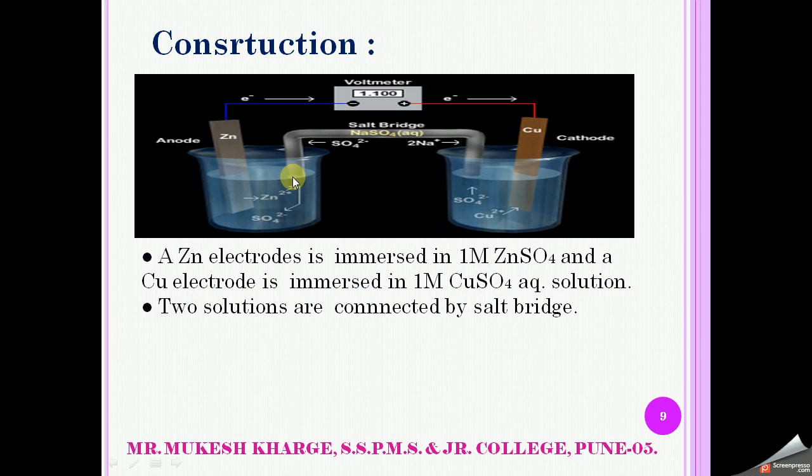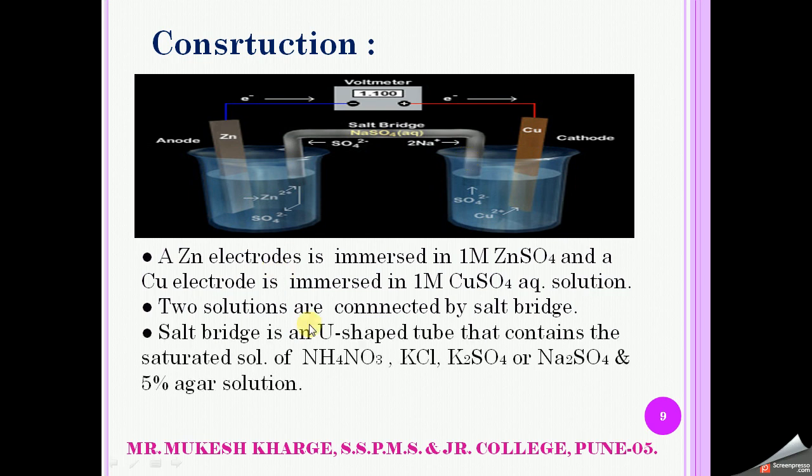Then these two solutions are connected by a salt bridge. So what is a salt bridge? A salt bridge is a U-shaped tube that contains a saturated solution of NH4NO3 ammonium nitrate, KCl potassium chloride, K2SO4 potassium sulfate, or Na2SO4 sodium sulfate, and 5% agar solution, and the two ends are closed with cotton plugs.